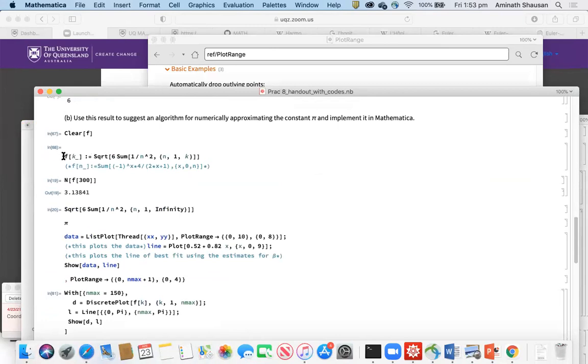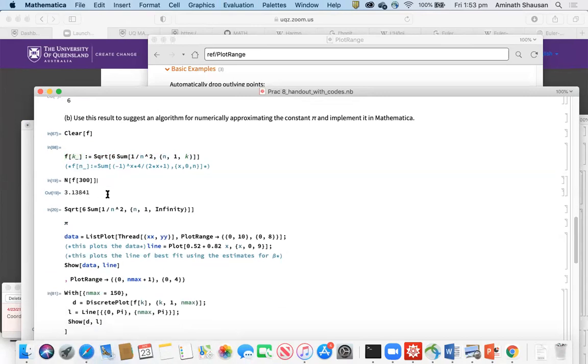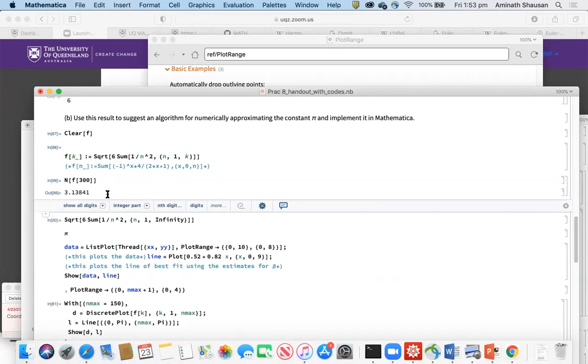I've first defined this one, the square root of 6 times the sum. And this is how I checked whether this works. If you have f of 300, you get 3.113, which is close to 3.14.